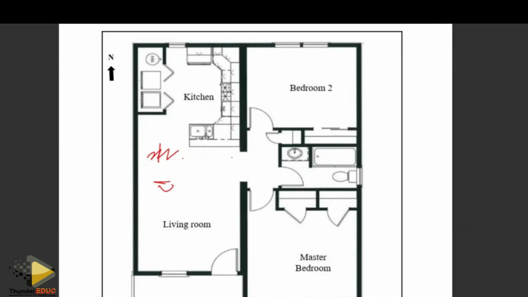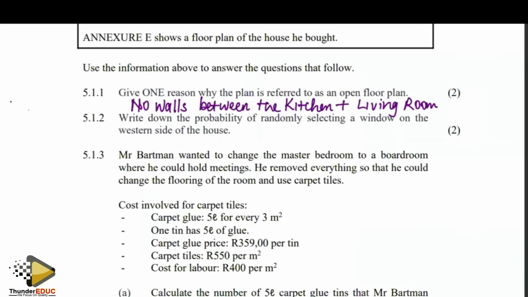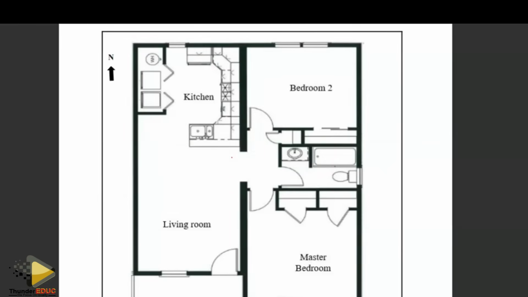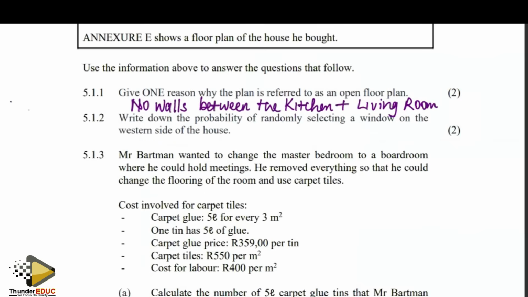This is why it's called an open plan. All right, we go to the second question. 5.1.2, write down the probability of randomly selecting a window on the western side. When you look at our campus, this is east and this is west. So on the west, there's nothing like a window. The probability there is supposed to be 0%.